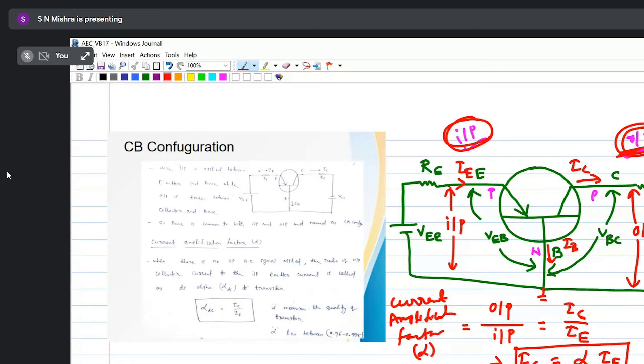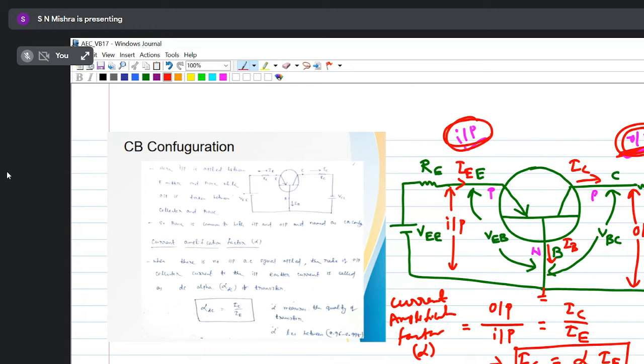This alpha must be less than 1 because IC is my output current and IE is the input current, so I am getting only a fraction of the input current at the output. Suppose I send 100 holes, 95 to 99% of them reach the collector, so I get less current at the output.